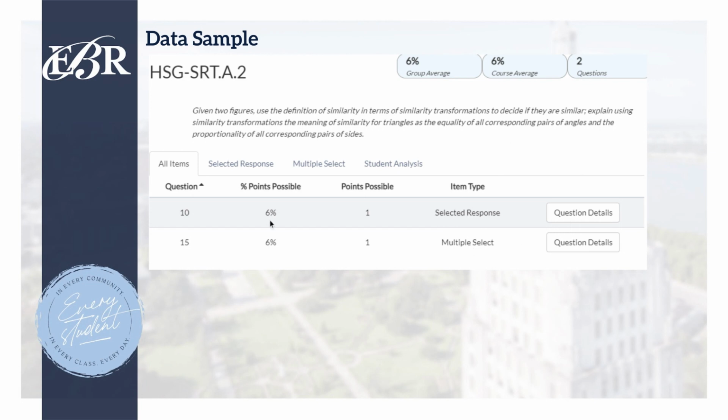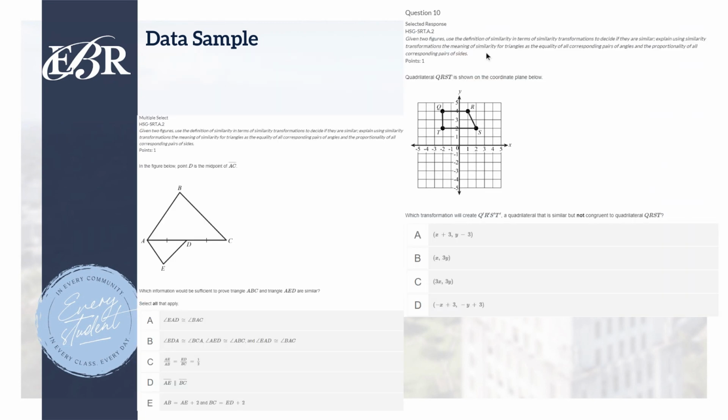This lets me know it was the standard in this situation. They scored 6% on both questions. It wasn't because it was a multiple select. They also scored 6% on the multiple choice. So here is what the 2 questions look like. The students struggled with both types of questions.